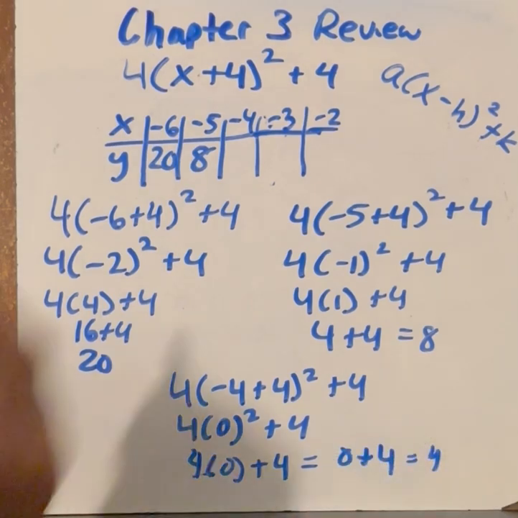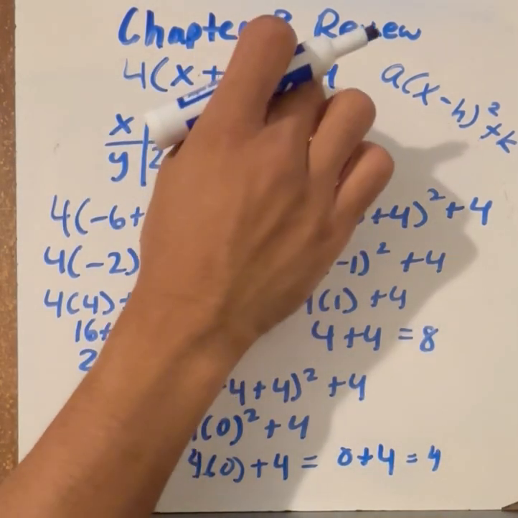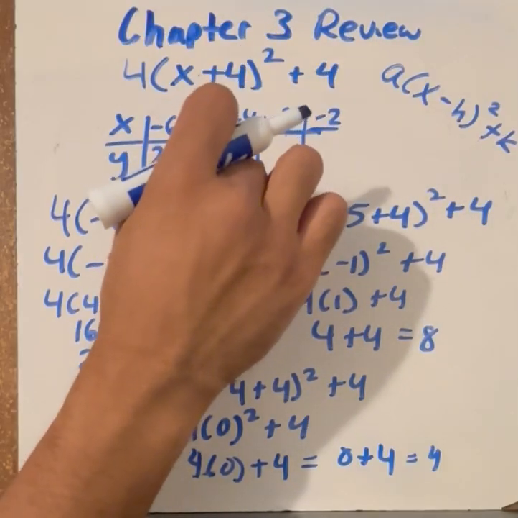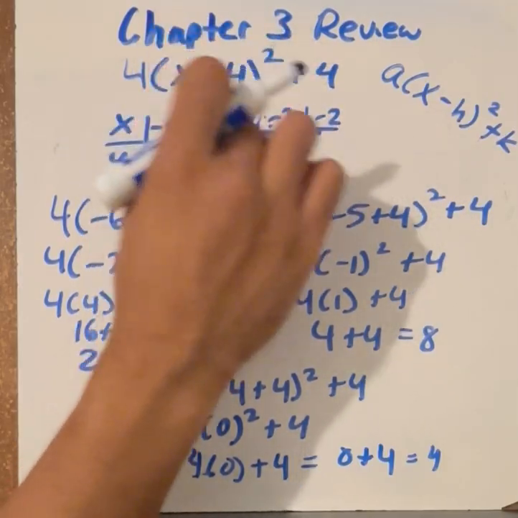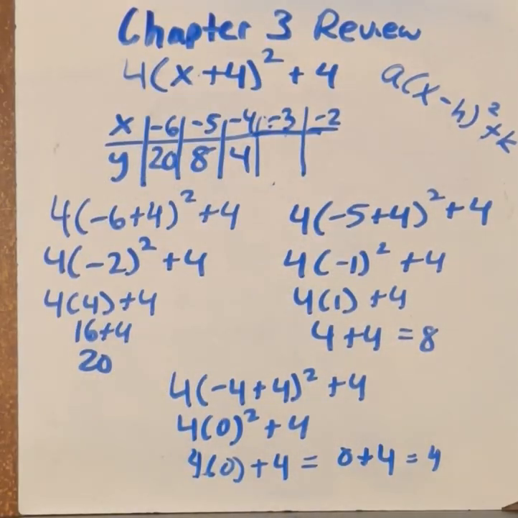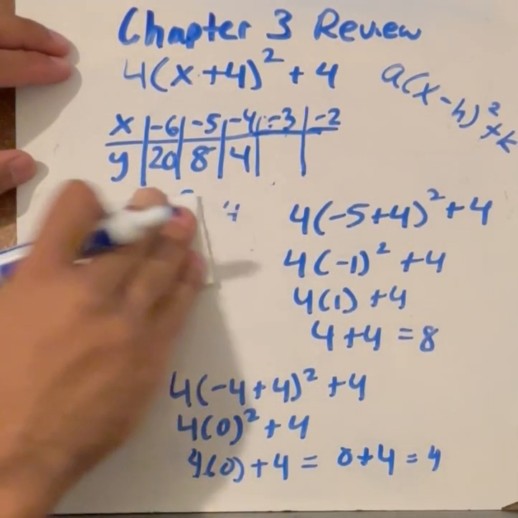Okay, so the middle value should be 4. And that's true because if you recognize it, our h was negative 4, and our k is positive 4, right? The h, k is our vertex at negative 4, positive 4.